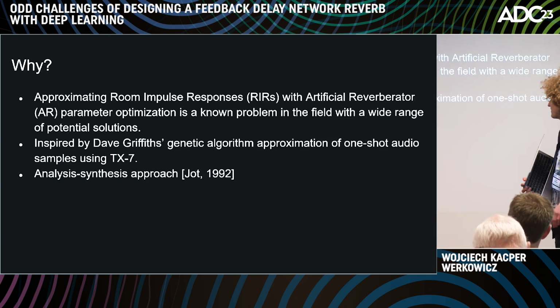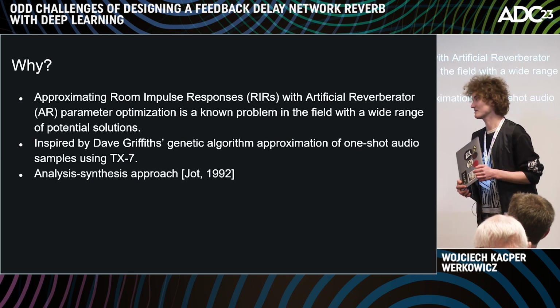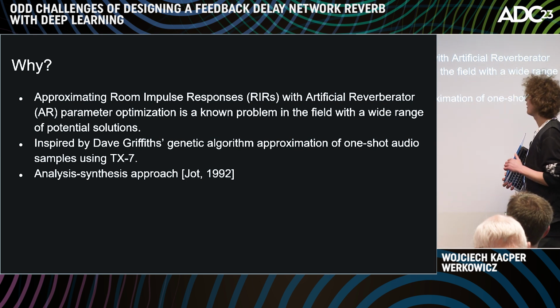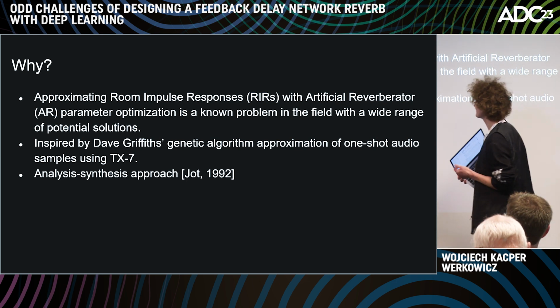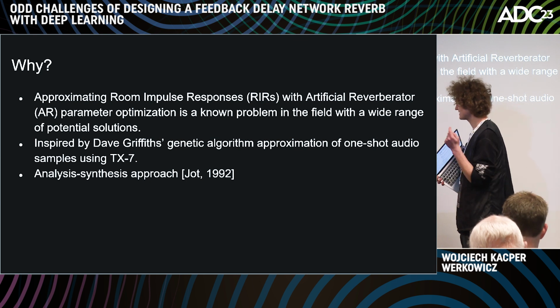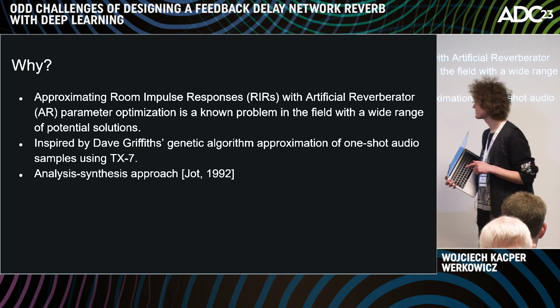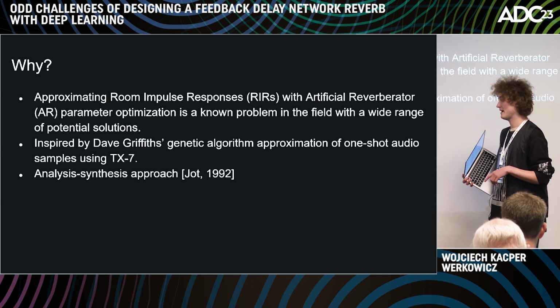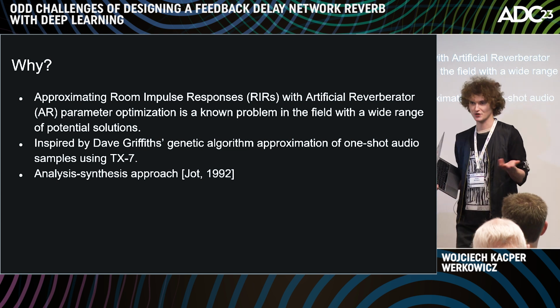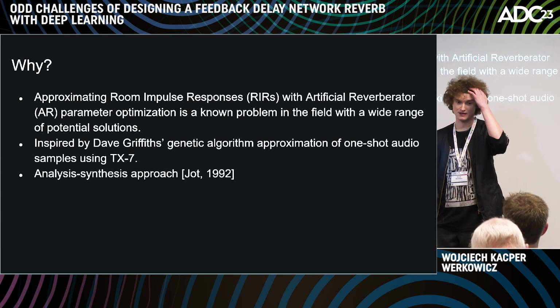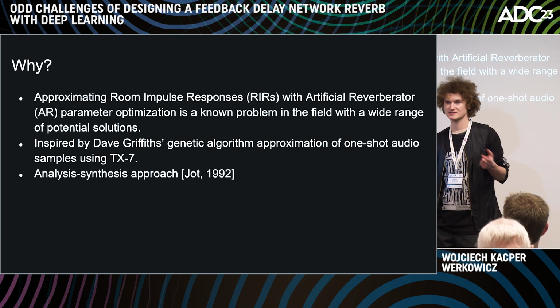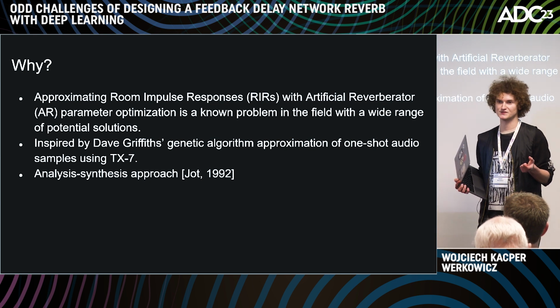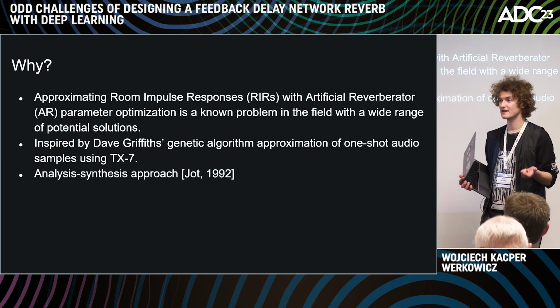Yeah. So how did we get into this topic in the first place? Well, I guess it kind of started with the presentation at the end of our course, where we saw Dave Griffiths, and he showcased his project where he was trying to approximate samples, one-shot samples, using a TX7 and genetic algorithms.